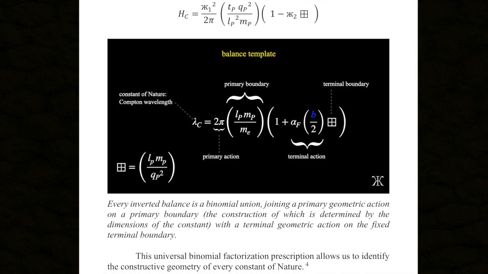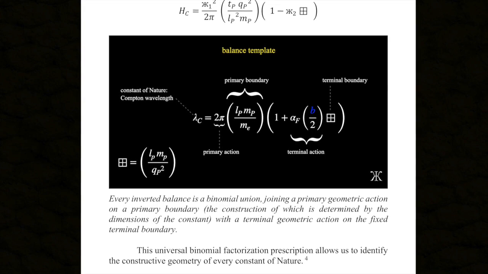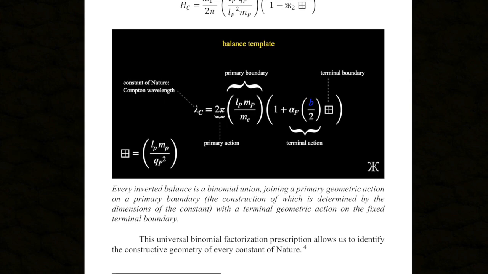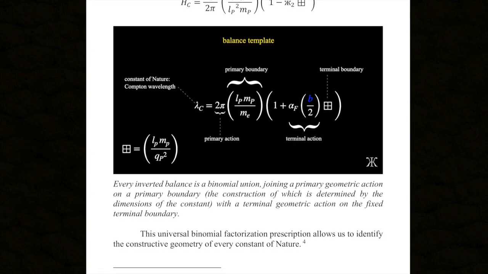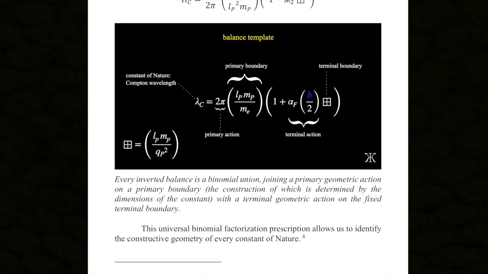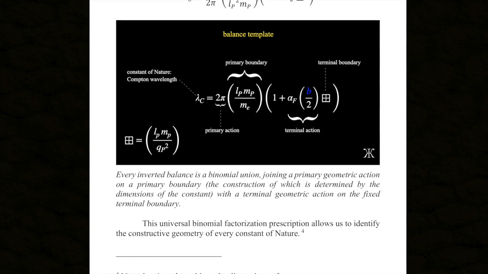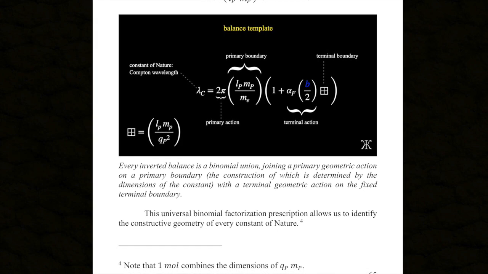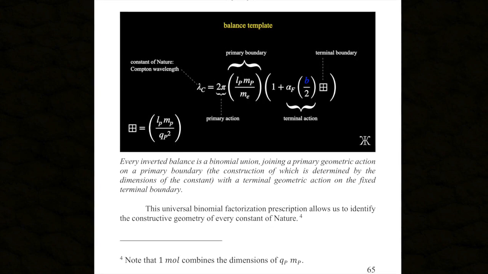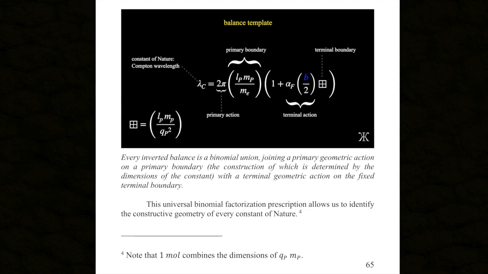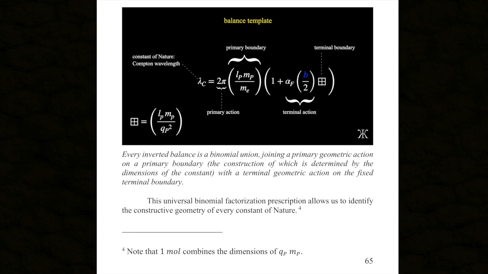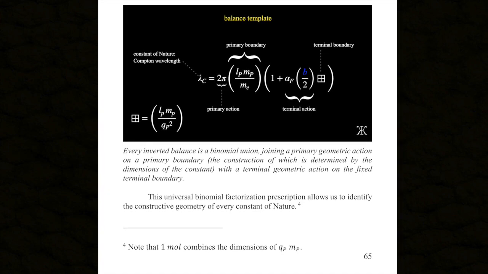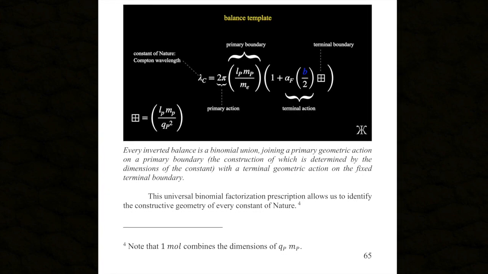The big highlight note here is that this universal binomial factorization prescription allows us to identify the constructive geometry of every constant of nature. It allows each and every one of us to individually discover and confirm the geometric arrangement that defines each constant of nature. Note that 1 mole combines the dimensions of the Planck charge and the Planck mass.